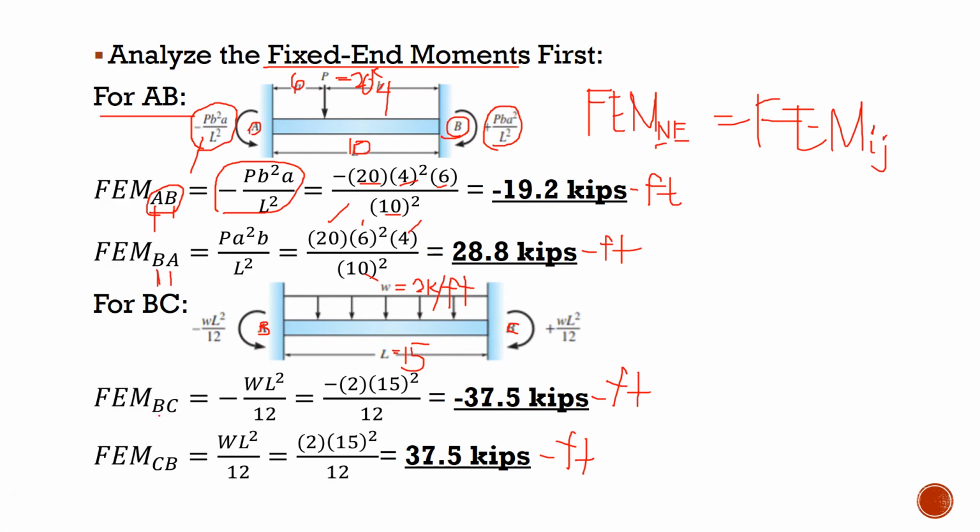On the left side, near is B and far is C. So negative WL squared over 12, substitute W as 2 and L as 15, and we get negative 37.5. On the right end, we have CB, with the same value but different in sign.